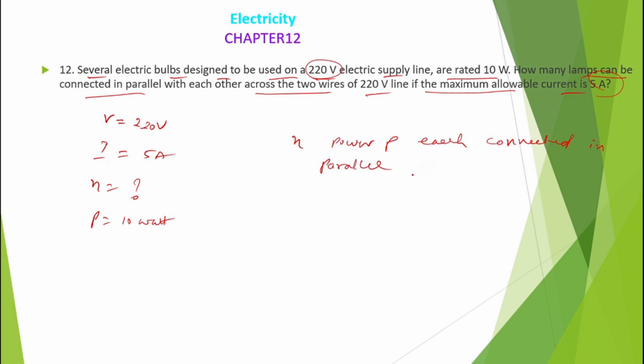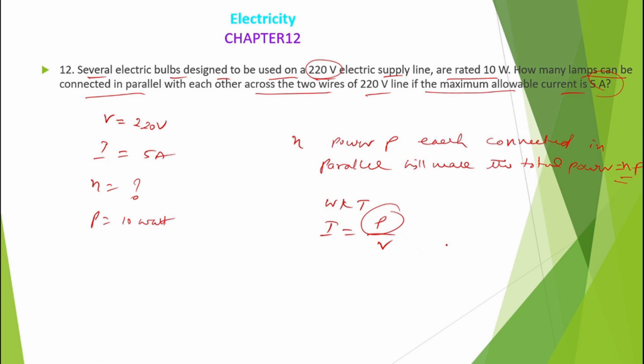Parallel will make the total power equal to N into P. So we know that I is equal to P by V. P is what?